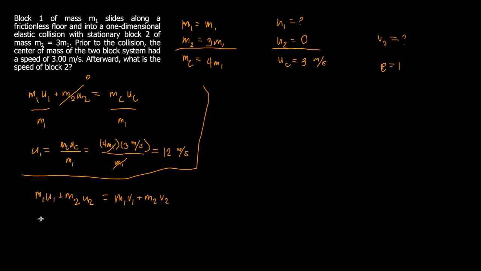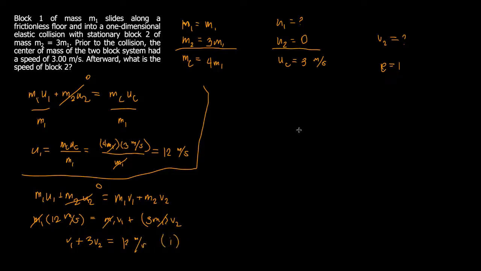Substituting values, m sub 1 times 12 meters per second equals m sub 1 v sub 1 plus 3 m sub 1 times v sub 2. The m sub 1 cancels, so v sub 1 plus 3 v sub 2 equals 12 meters per second. This is our equation 1.